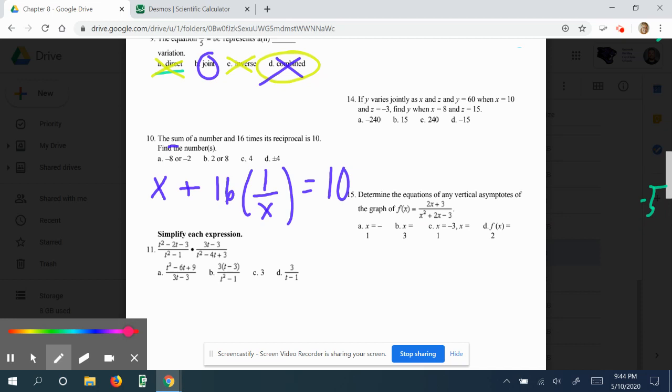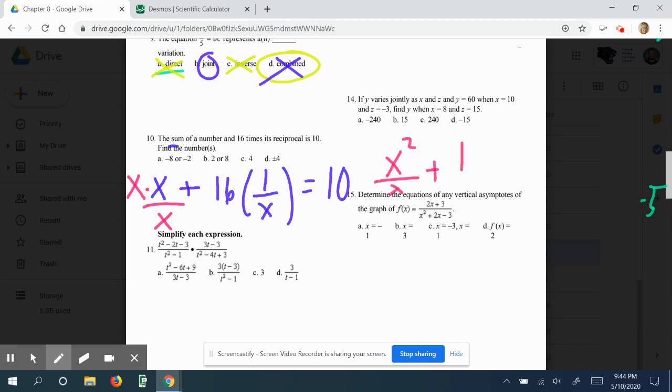So if we wanted to add this, I would have to have an x on the bottom, right? And so to do that, I have to multiply the top by x as well. And so I end up getting x squared over x plus 16 over x equals 10, right?